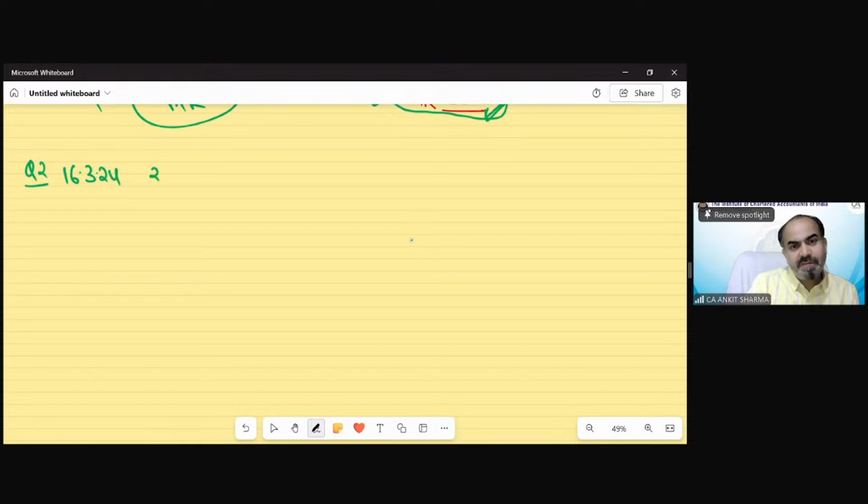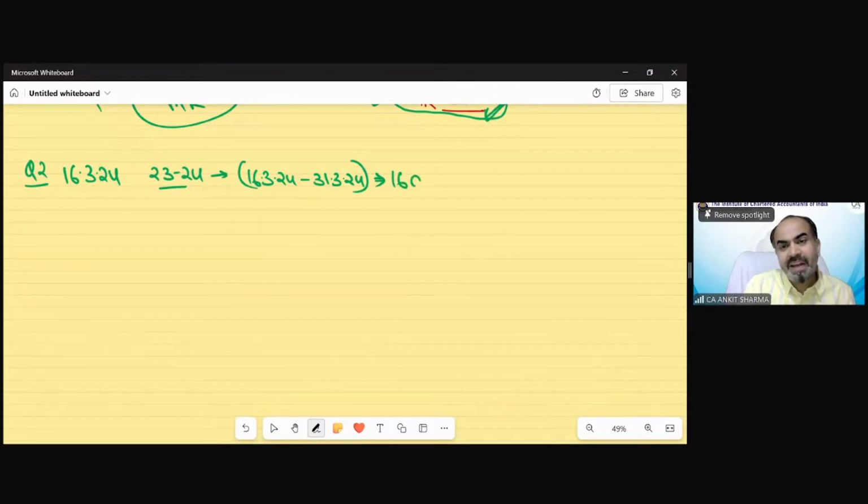So this is our financial year 23-24, and in this financial year she was in India only from 16th March till 31st of March. So how many days was she in India in financial year 23-24? You can see from 16 till 31, that means 16 days she was in India.